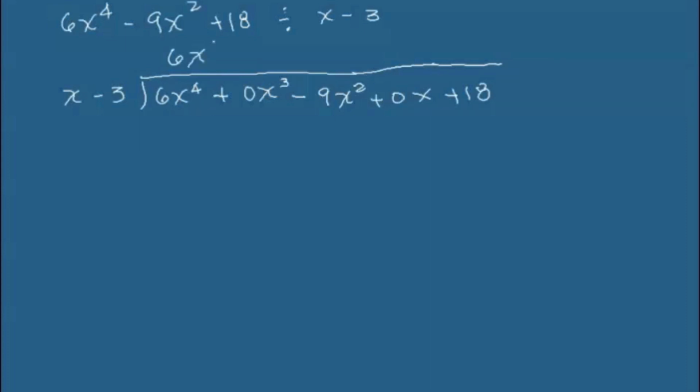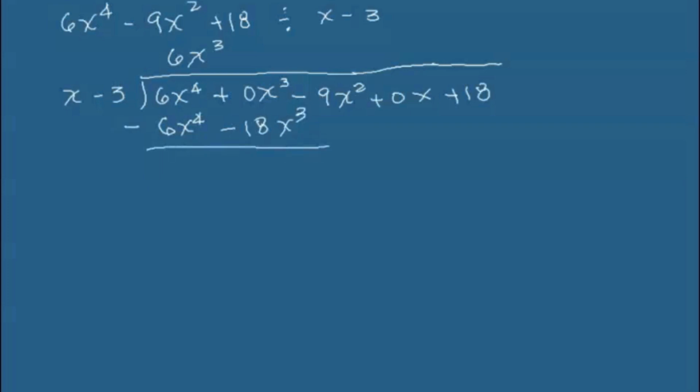6x to the fourth divided by x is 6x cubed, and then multiply. 6x cubed times x is 6x to the fourth, and 6x cubed times negative 3 will be negative 18x cubed.